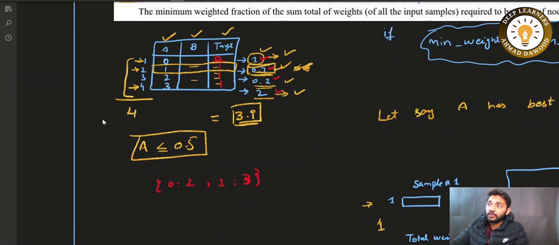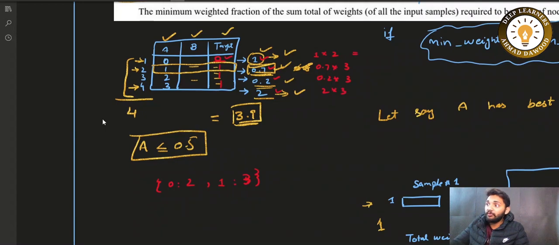So what will happen is, this sample weight will be multiplied with the weight of the class, that is 0 class, so it will be multiplied with 2. 0.7 will be multiplied with 3 because it belongs to the one class. 0.2 will be multiplied with 3, and 2 will be multiplied with 3.